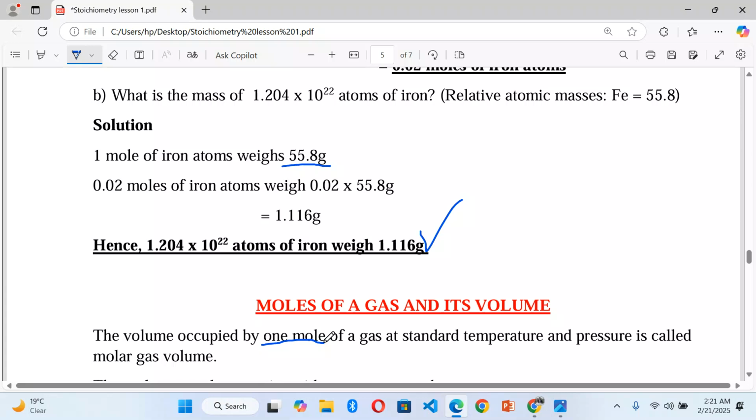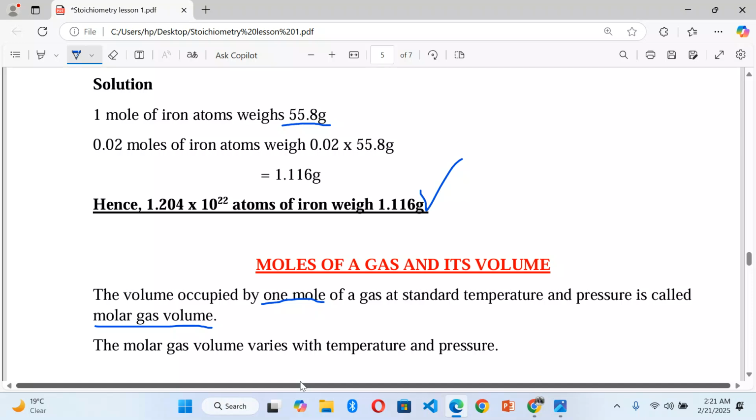The volume occupied by 1 mole of any gas at standard temperature and pressure is what you call the molar gas volume. And I'm saying that the molar gas volume varies with temperature and pressure.